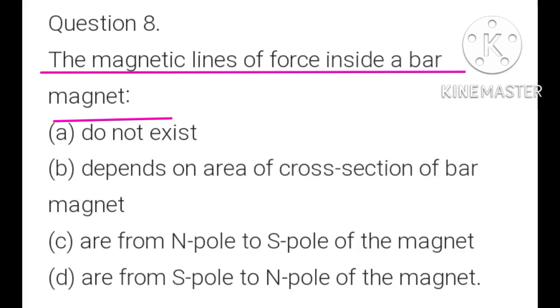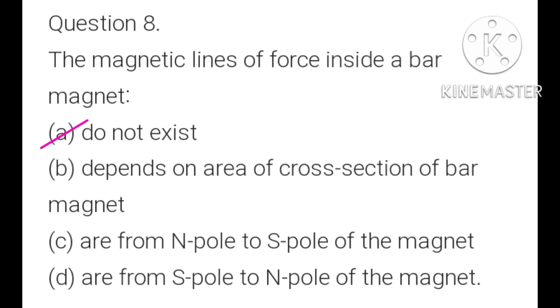Question number 8. The magnetic lines of force inside a bar magnet: A option, do not exist. B option, depend on the area of cross section of the bar magnet. C option, are from north pole to south pole of the magnet. D option, are from south pole to north pole of the magnet.